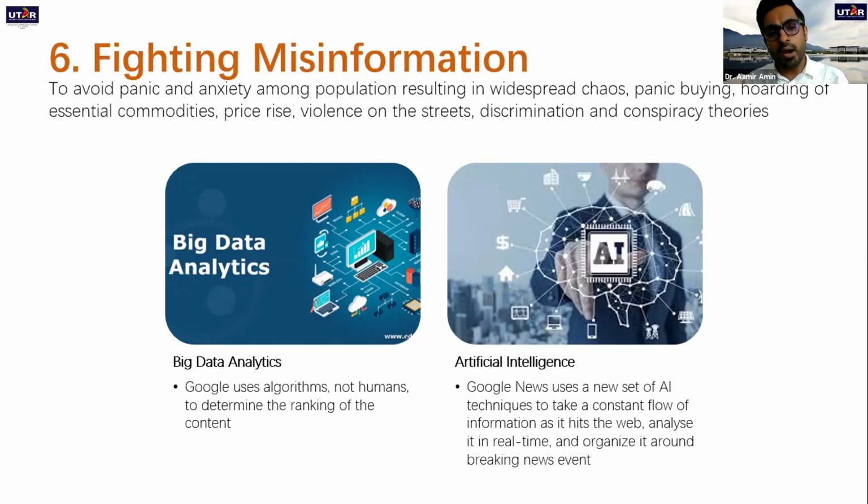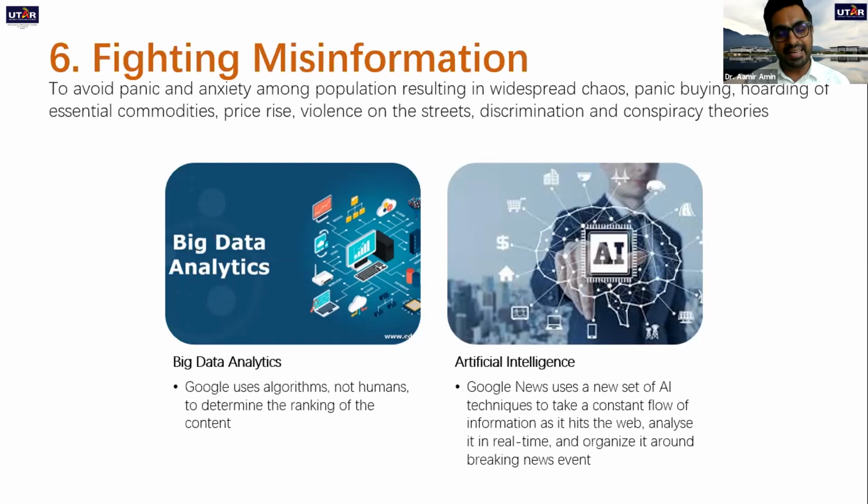So, to avoid panic and anxiety caused by this kind of misinformation, which results in widespread chaos and panic buying. A lot of people start buying things in panic, and some people start hoarding essential commodities, because of which the prices go up, and violence on the streets, and discrimination and conspiracy theories. A lot of things happen because of misinformation.